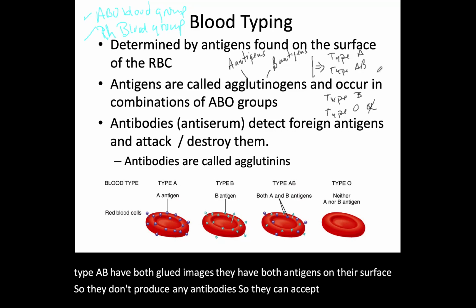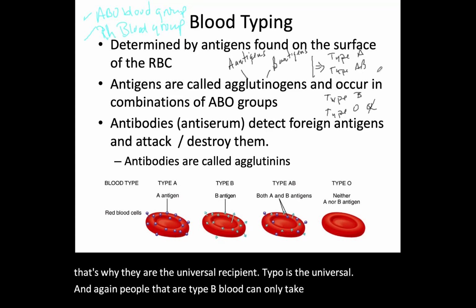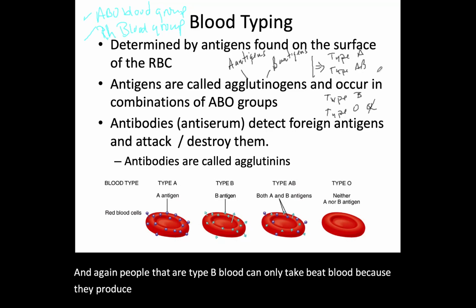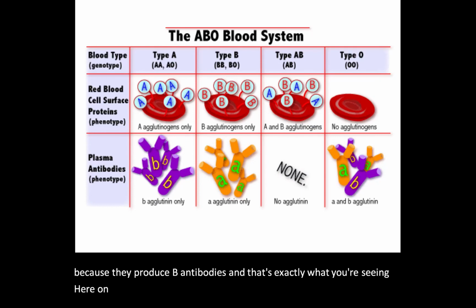That's why they are the universal recipient. All right? Type O is the universal donor. And again, people that are type B blood can only take B blood because they produce A antibodies. And people that are type A can only take A blood because they produce B antibodies. And that's exactly what you're seeing here on this slide.